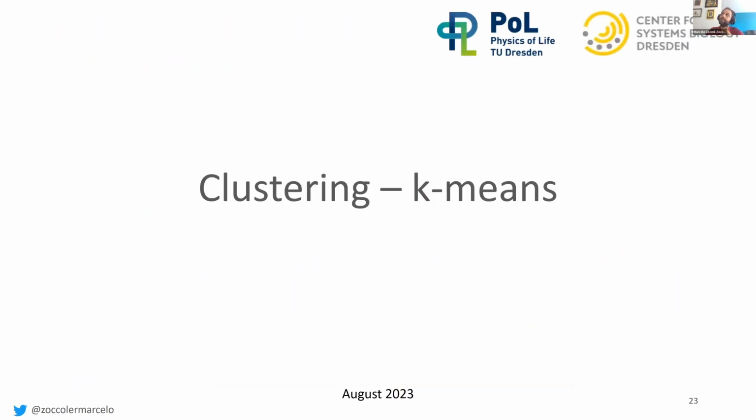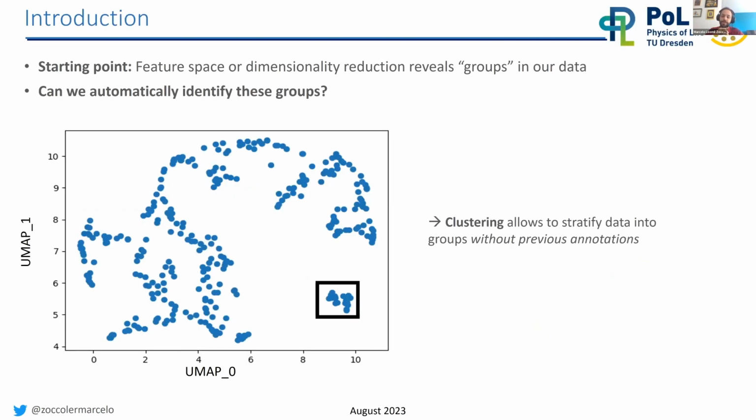After you manage to reduce all your features to 2D, you may want to cluster them. So here is a result from the UMAP over different features in a 2D plot. And in this feature space, it reveals groups in our data. So is there a way that we can identify these groups?